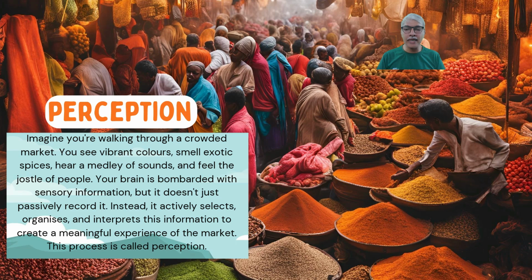Your brain is bombarded with sensory information, but it doesn't just passively record it. Instead, it actively selects, organizes, and interprets this information to create a meaningful experience of the market. This process is called perception.